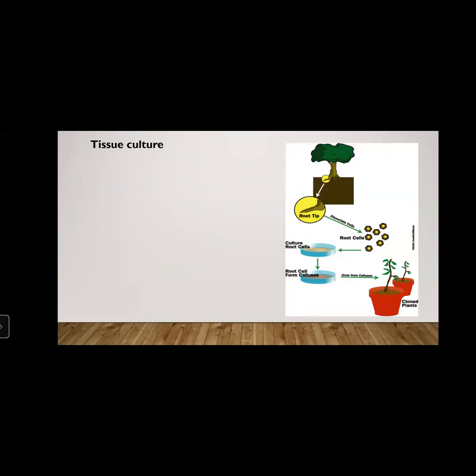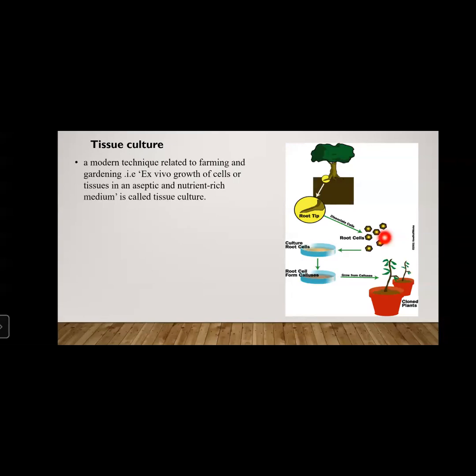This cell or the tissue is collected, the cells are separated, and then they are transferred into the nutrient media. This is called ex vivo growth, that is, in the test tube or in the Petri plate within the experimental setup. The cells are provided a proper nutrient media and a proper environment in which they can grow and develop different tissues.